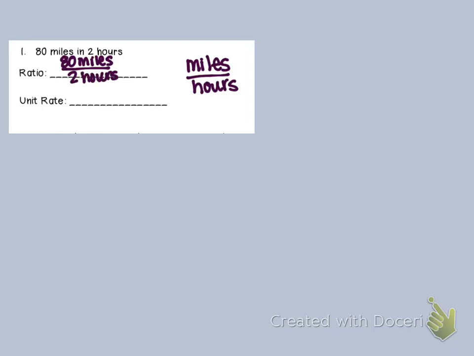So our unit rate wants 1 hour here. So if I write my problem, 80 miles, I'm going to put MI for miles, over 2 hours, we want to figure out how do I get 2 hours to 1 hour? And I don't know how many miles is in 1 hour. I know 80 miles per 2 hours.